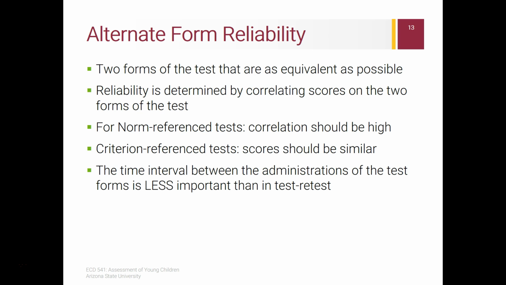Scores on the 2 forms should show a high positive reliability coefficient. For norm reference tests, correlations should be high, while for criterion reference tests, scores should be similar. The time interval between the administrations of the test forms is less important than in test-retest.